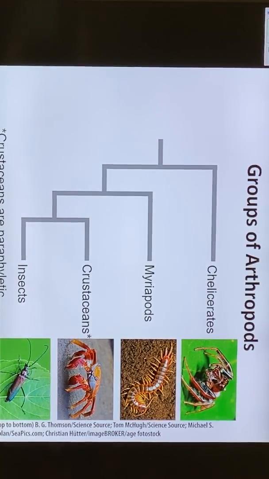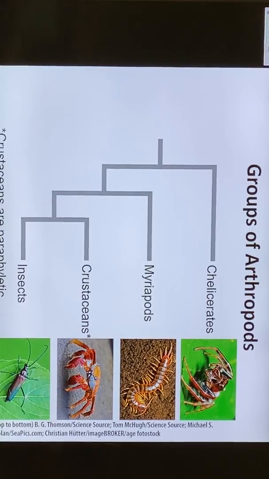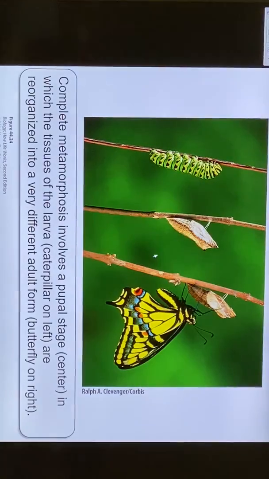The difference between centipedes and millipedes is in how many pairs of walking legs they have per segment. Centipedes, in each segment of their body, they have 1 pair of walking legs on either side. Millipedes have 2 pairs per segment. So you see them crawling around. Is this a centipede or a millipede? Centipede, 1 pair of walking legs per segment.